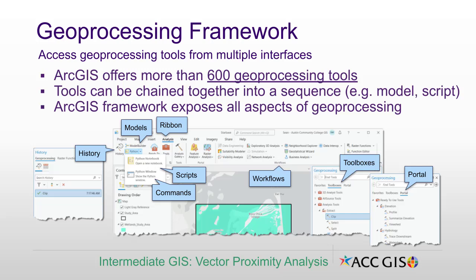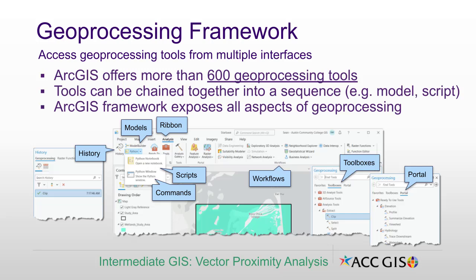And so if you look at the screenshot at the bottom of this slide, you can see all the different interfaces we can utilize to access geoprocessing, including from the analysis ribbon, from the geoprocessing toolboxes, from the geoprocessing portal, which is the cloud geoprocessing functionality, from interactive workflows, from automated models, scripts, and commands, and even from your entire geoprocessing history for a project.